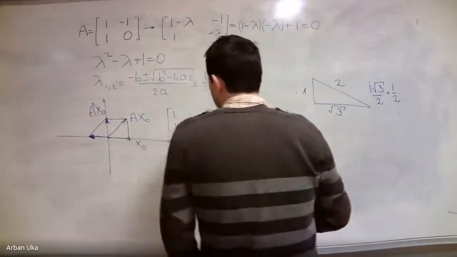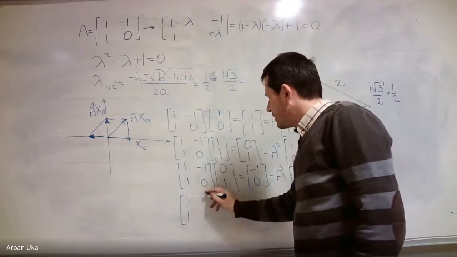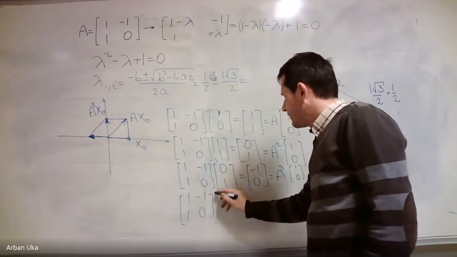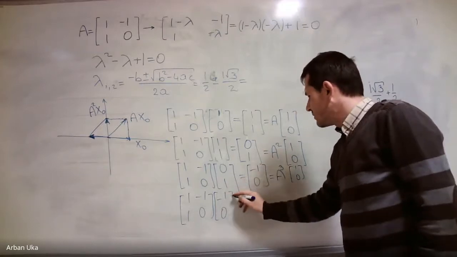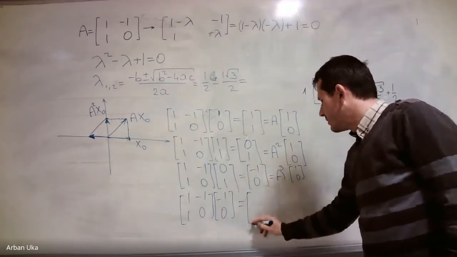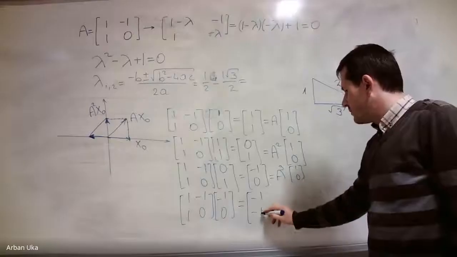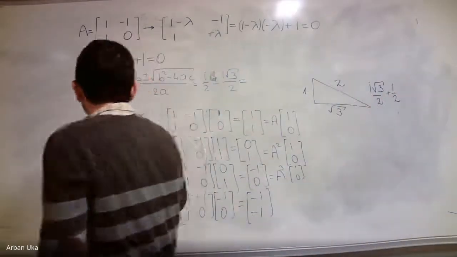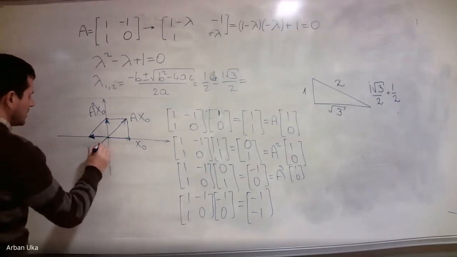If we multiply again, 1, 1, -1, 0, we get -1, 0 here. This is equal to -1, -1. Okay. So we get this vector.